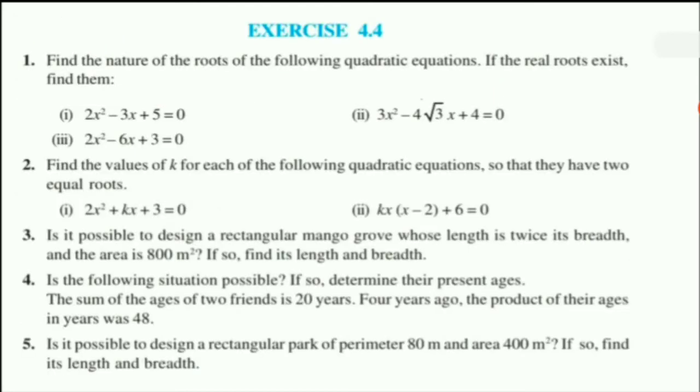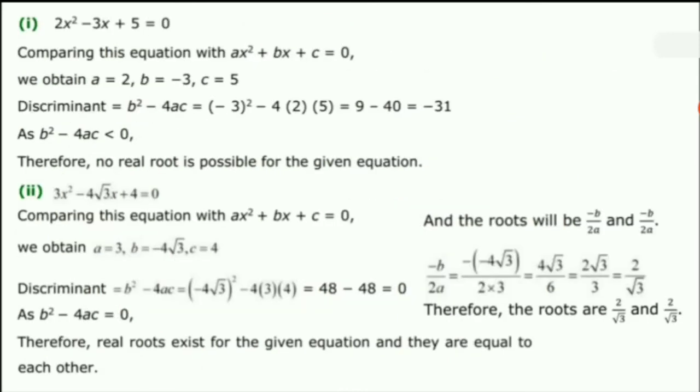That's question number 2. The quadratic equation is 3x square minus 4 root 3 x plus 4. If we compare this equation with ax square plus bx plus c equals 0, then a equals 3, b equals minus 4 root 3 and c equals 4.